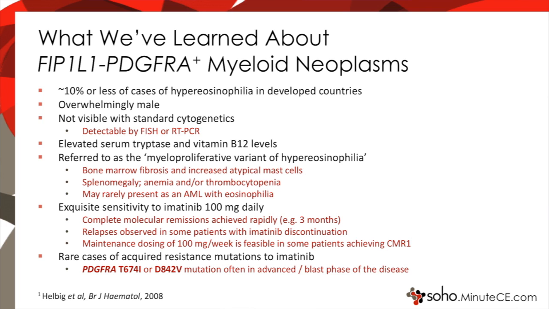There are rare cases of acquired resistance to imatinib, probably less than 20 cases in the literature, almost exclusively due to the T674I or D842V mutation within platelet-derived growth factor receptor alpha. These patients are often put on alternative tyrosine kinase inhibitors such as sorafenib and nilotinib, but frankly the responses are variable, not durable, and these are patients that ultimately need to go to transplant.